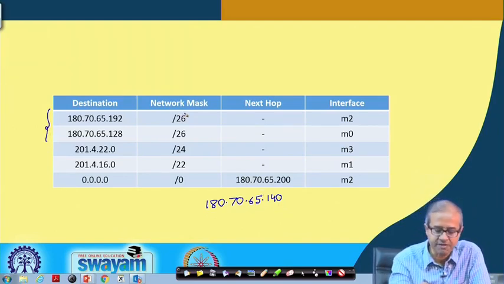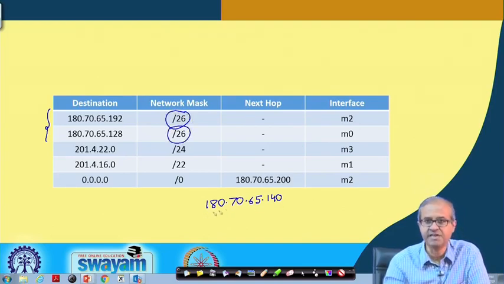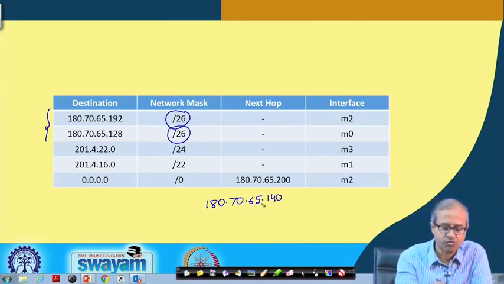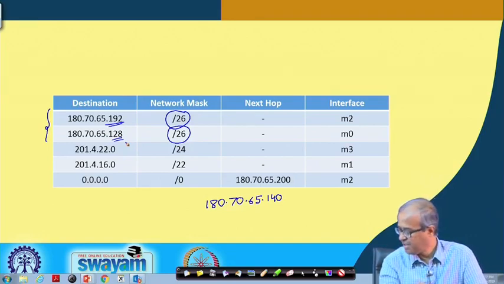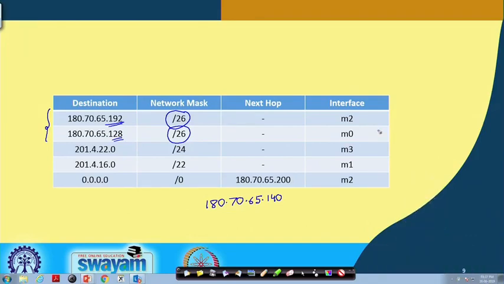You look at the first 26 bits of the address and see whether it is matching with either this or this. Well, in this case, you will see that there will be a match with the second row for this packet. So, this packet will get forwarded over M0.